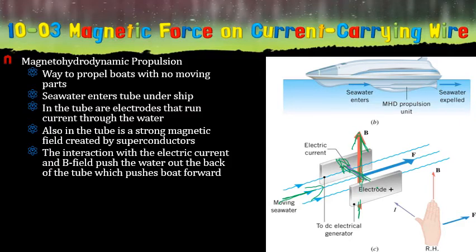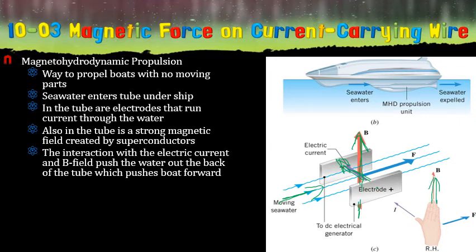If we use our right-hand rule, we can see the force on the current, which is the seawater. So fingers are going up and down, the direction of the magnetic field. The thumb is going the direction of the current, and you see a force.